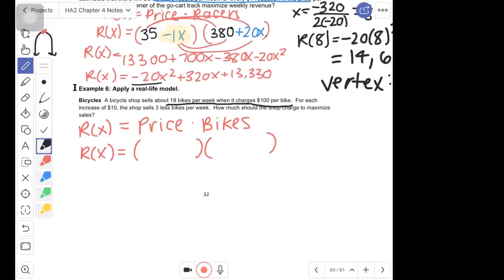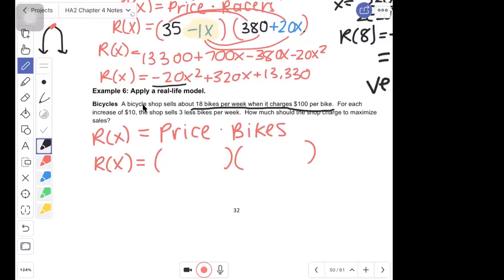All right. So what's already happening, what the price already is, $100. We're already charging $100 per bike. And how many are we selling? We're selling 18.